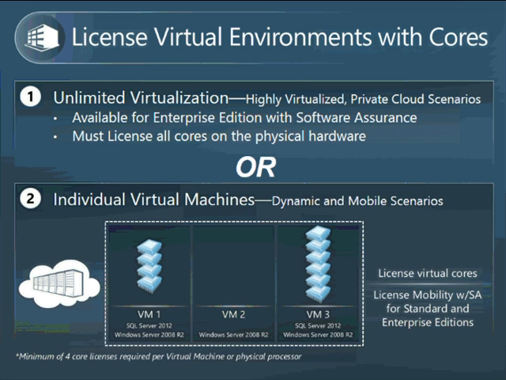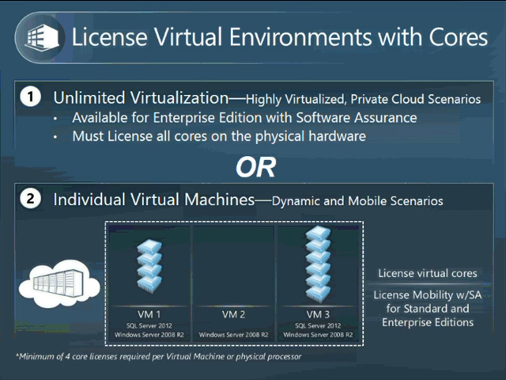Again, the minimum is 4, and this one meets the minimum, so we count 4 here. We need 4 licenses there, and then 6 licenses here, so for a total of 10 core licenses of SQL Server on this particular example.